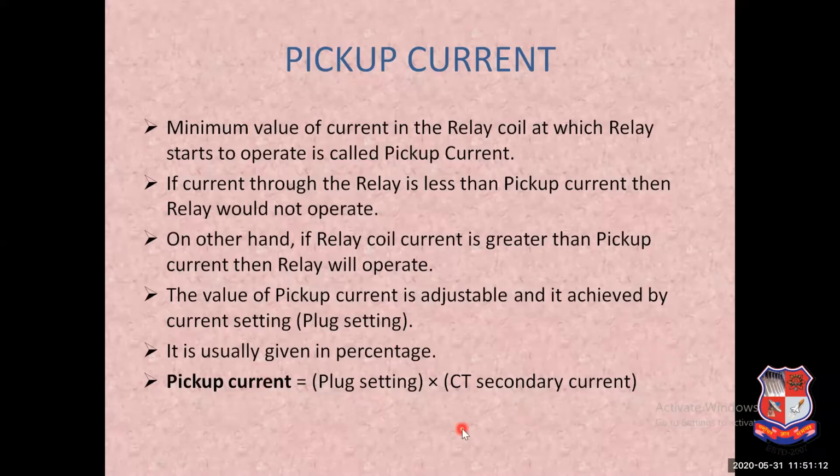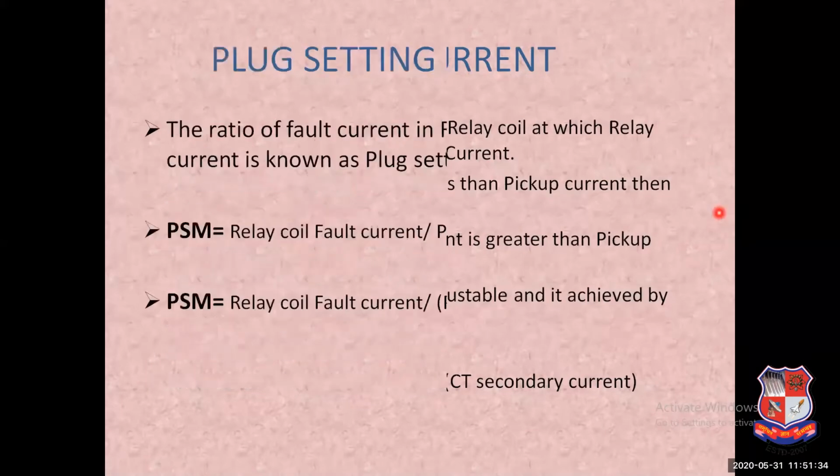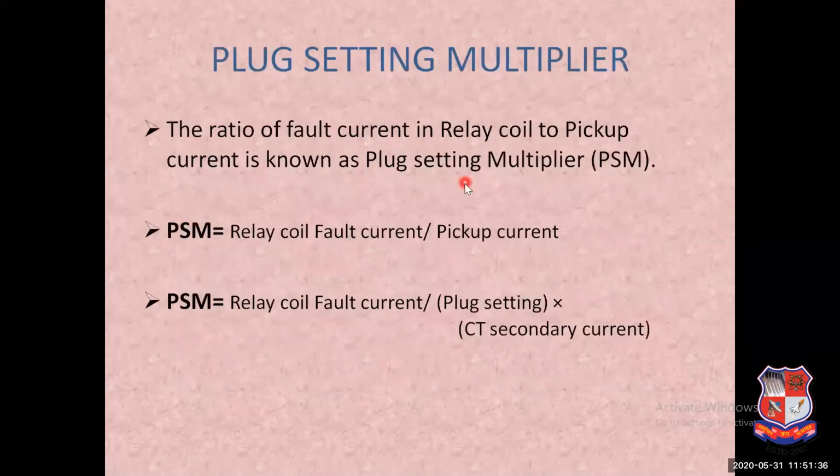Friends, the relay is connected in the secondary of the CT, so first of all we have to find the current flowing through the relay based on the CT secondary current. So our equation becomes: pickup current is equal to plug setting into current of CT secondary.